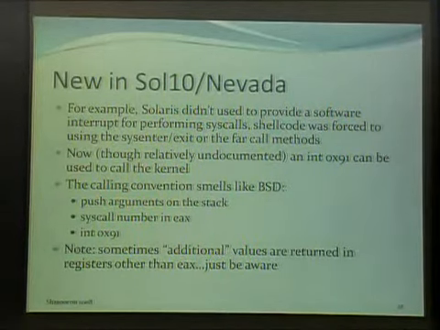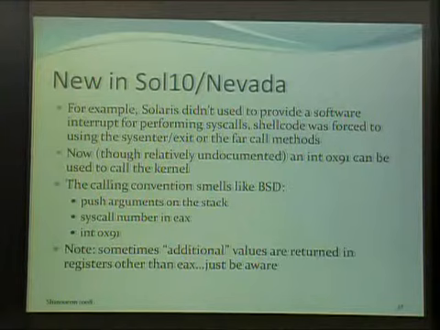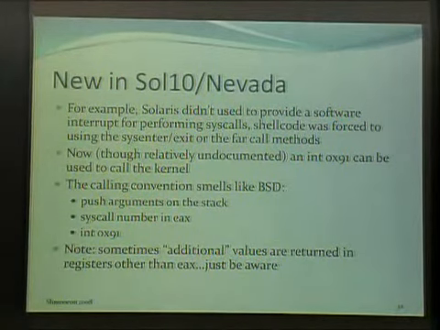The calling convention smells a lot like BSD. So you push your arguments on the stack, you put your system call number in EAX, and then you raise your software interrupt. Note, sometimes additional things come back in something other than EAX. So if you're looking for register state to be preserved across a system call, that might not actually happen. You just have to be cognizant of that in your testing.